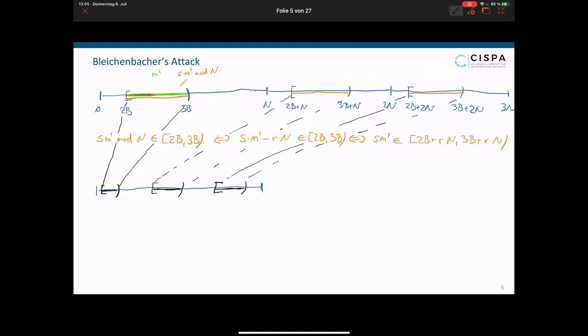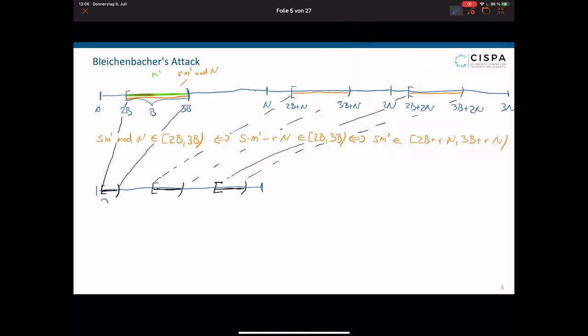Okay, so basically, I could now just scale this union of intervals down to a smaller union of intervals until I'm somewhere between 0 and n, right? And here's the point: because the original intervals couldn't be so big. We know that this interval here had a size of b, but we're scaling it down with a factor s.